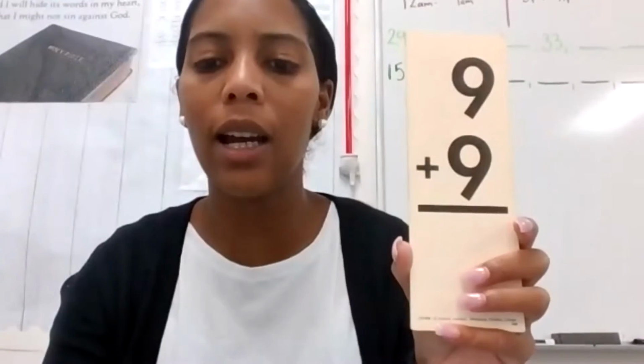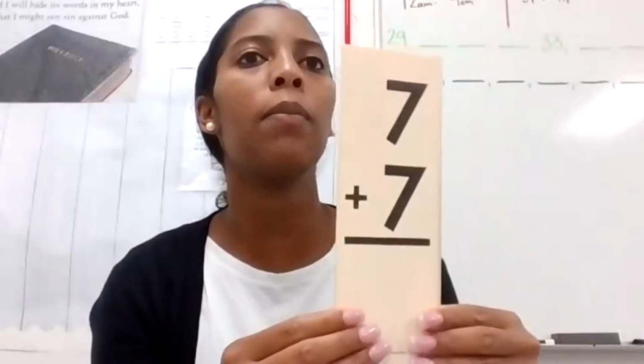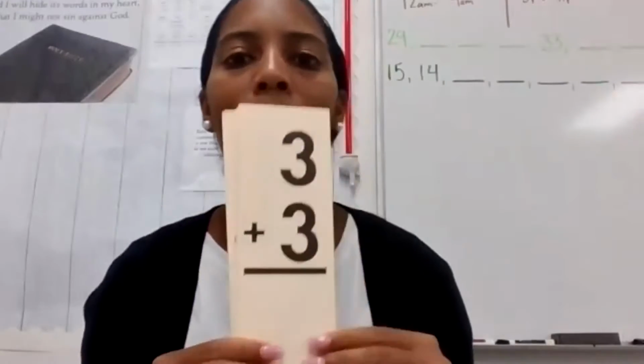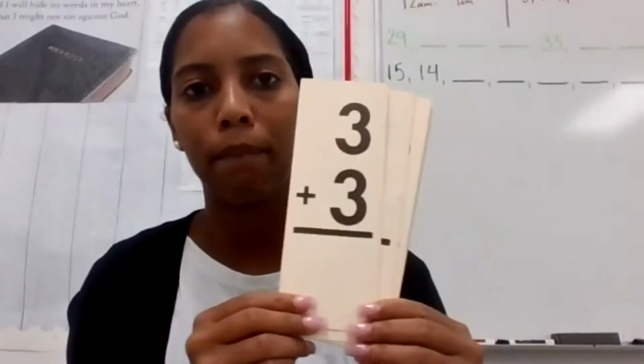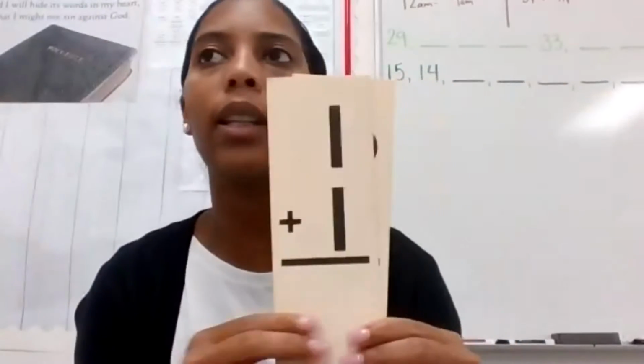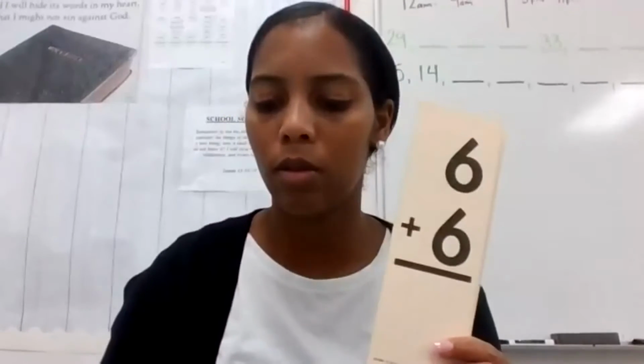Avaya, 9 plus 9. 9 plus 9 is 18. Good. Kinley, 7 plus 7. 14. Dennis, 3 plus 3. 6. Good. Caitlin, 1 plus 1. 2. Good. Joshua, back to you. 6 plus 6.